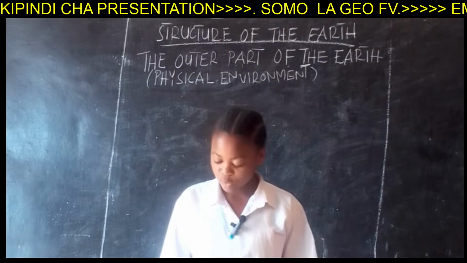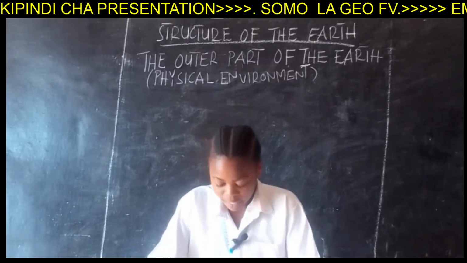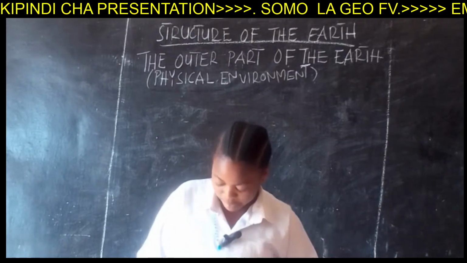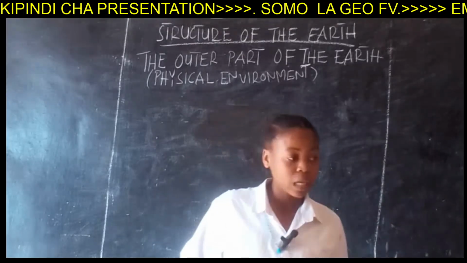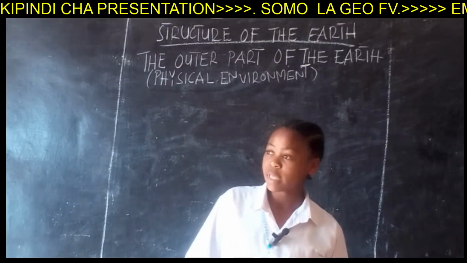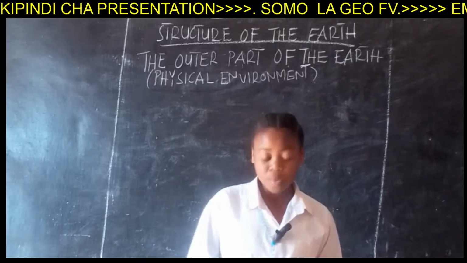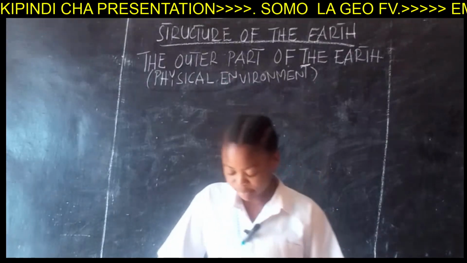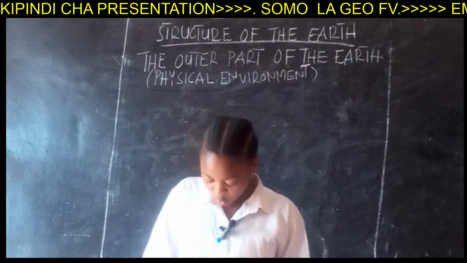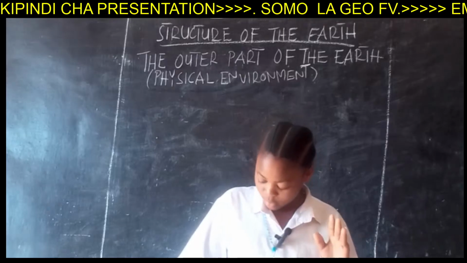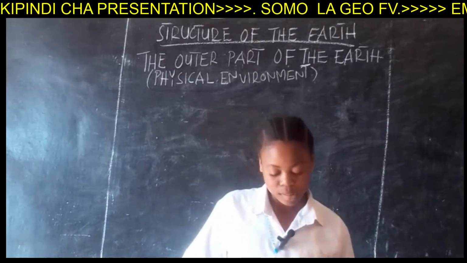This is the center part of the earth between the core and the crust, which is made up of dense igneous rocks with iron, magnesium, and silicates. The mantle is denser than the crust of the earth's surface.